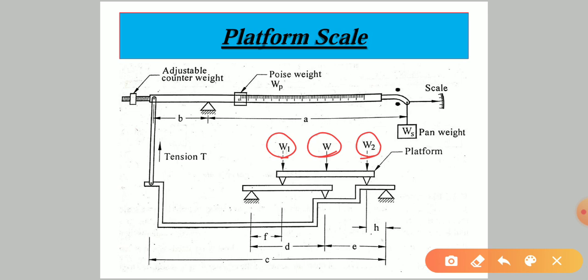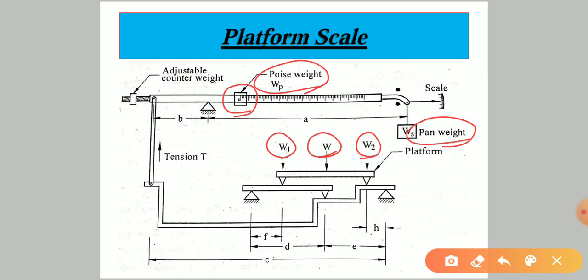This is ultimately balanced using smaller weights: WP, which is the poise weight, and WS, the pen weight. This is our pen weight, and over here is the poise weight.